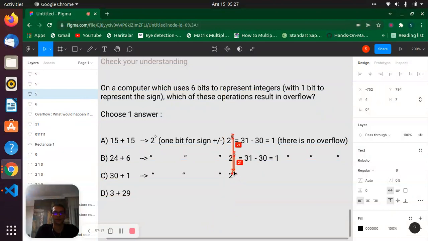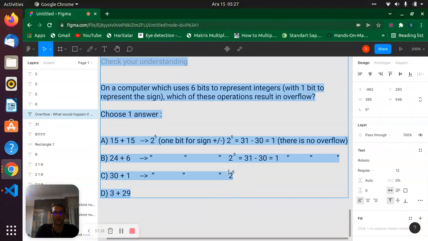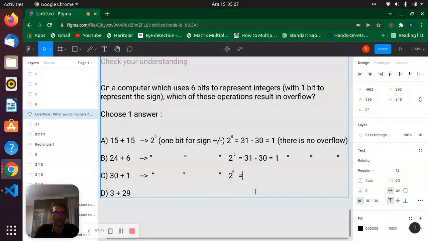Just tag 5 power of 2 exponentiation and say it equals 31. And 31 minus 31 is 0. So still we don't have a problem, because we fitted our information here. So really there is no problem. There is no overflow.